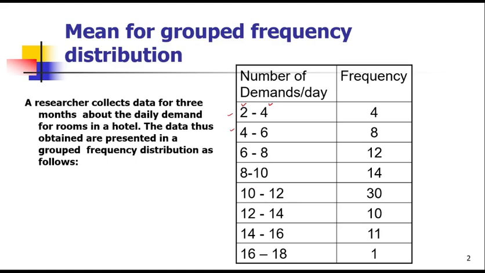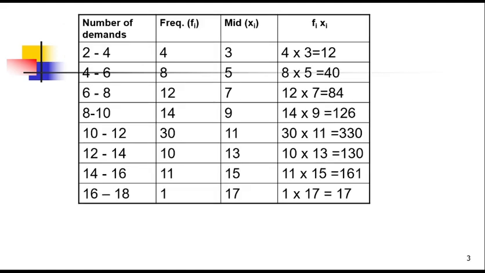Now I think first they will ask me to compute the mean. So first we compute the mean. For computing the mean, we write this, because this is provided to us. Now here starts the computation. We compute the mid xi. Mid xi is the middle value of the class interval. What is the formula? How did I get 3 from here?